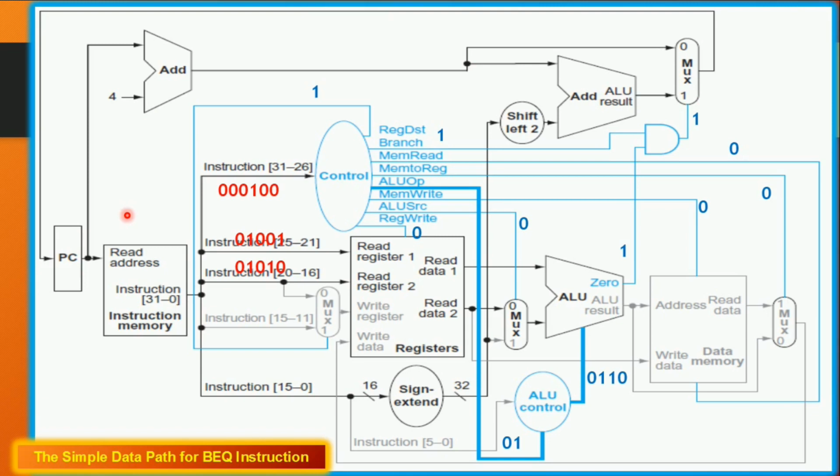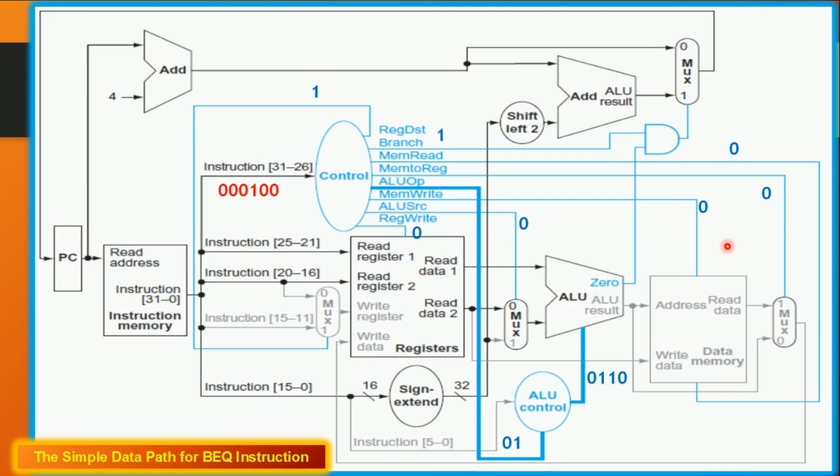So if you see in the branch equal instruction, the data memory is not included. This multiplexer is also not included. This multiplexer also not included. These three components are not included in the data path. Sometimes in university question papers, they may ask you to design the data path for the longest data path instruction.